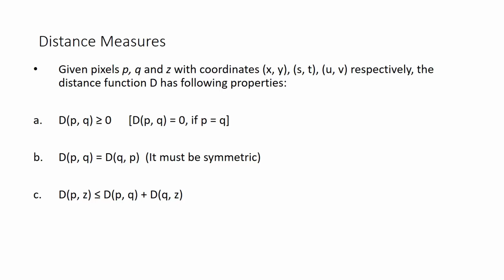D of P, Q is equal to D of Q, P, so it must have symmetry. Otherwise, D of P, Z is always less than or equal to D of P, Q plus D of Q, Z.